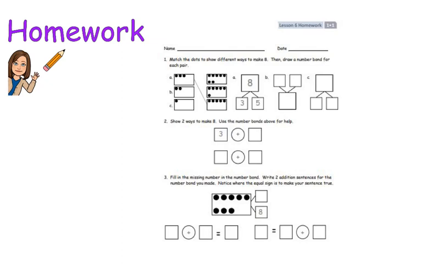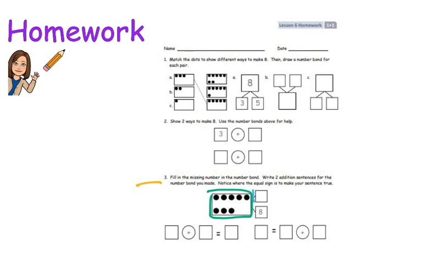And then number 3 says fill in the missing number in the number bond. Write 2 addition sentences for the number bond you made. Notice where the equal sign is to make your sentence true. So we have our total here.